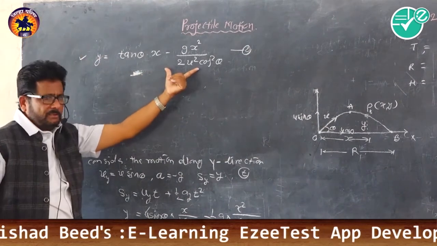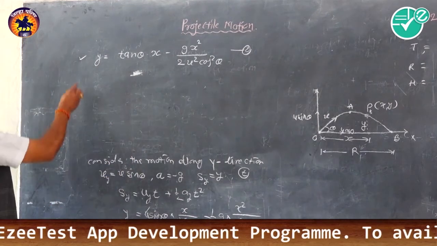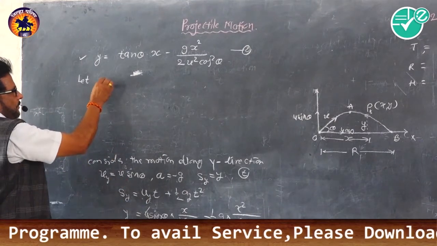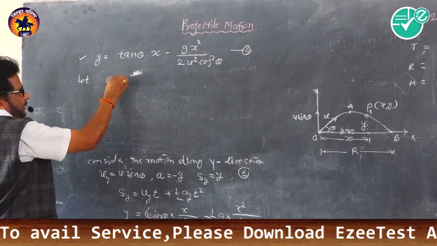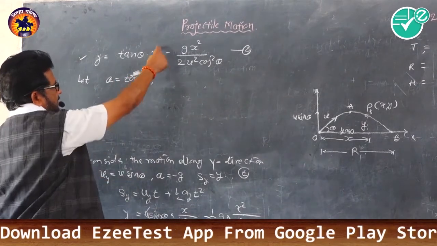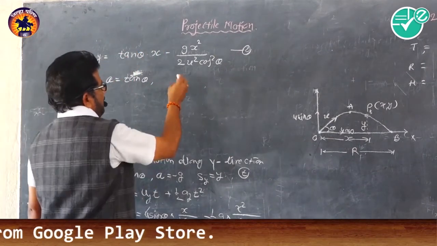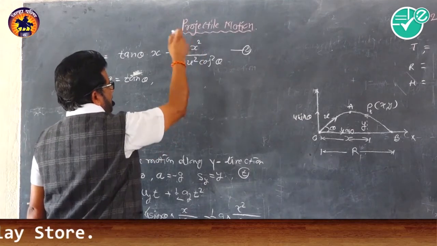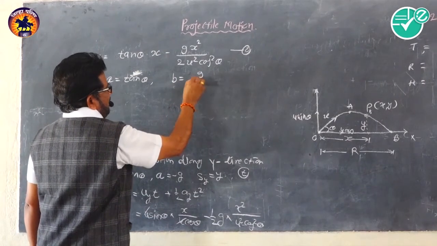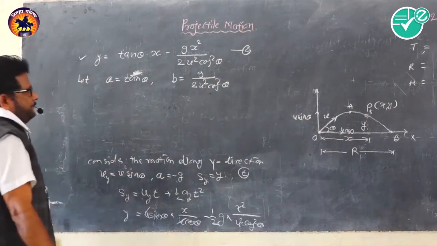This equation can be written in another form. Suppose in this equation we take a for tan theta, the coefficient of x, and the coefficient of x square, that is b, is equal to g upon 2 u square cos square theta.